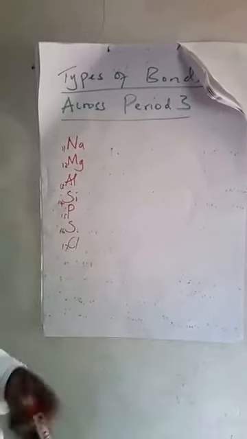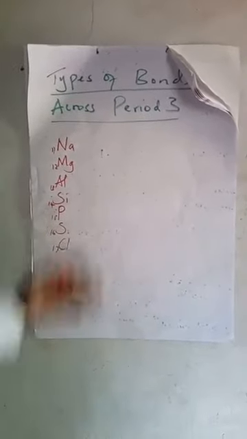Sodium is atomic number 11, magnesium 12, 13, 14, 15, 16, and 17. So, types of bonds across the period. Let us begin with oxides. I'll only discuss the oxides and the chlorides.